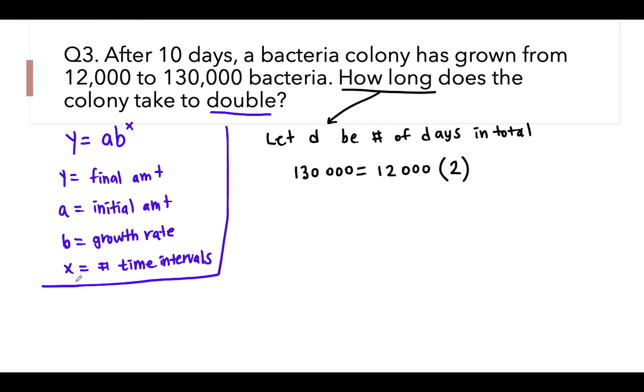In this case, X, we have to be careful. X in this case is T over D, the given time divided by the doubling period.